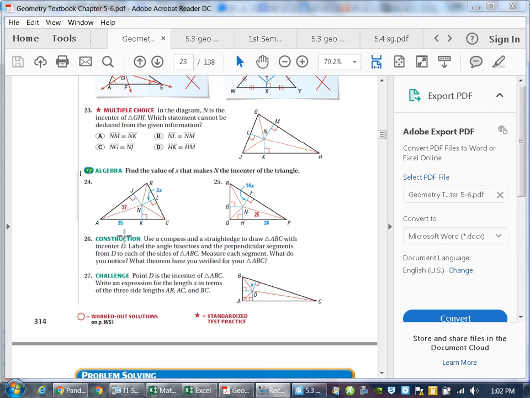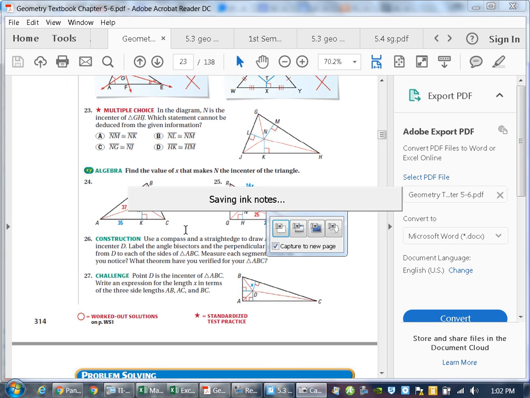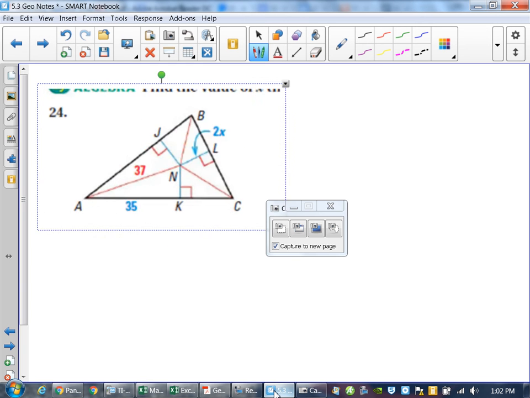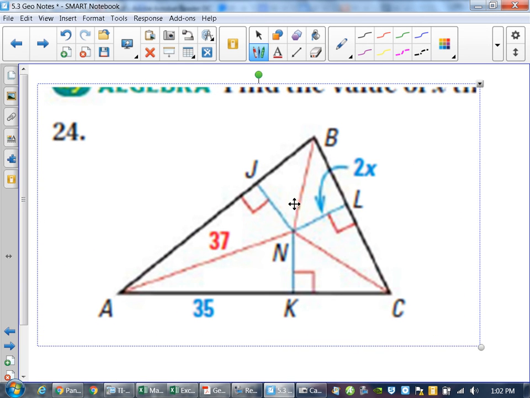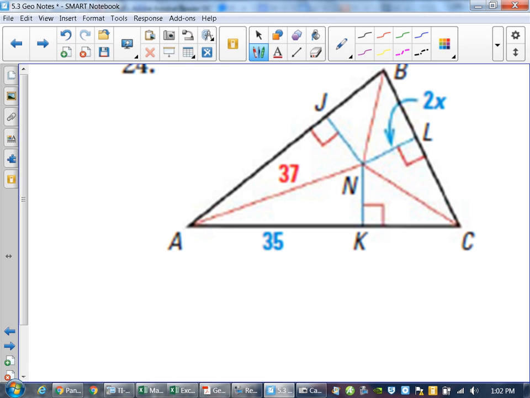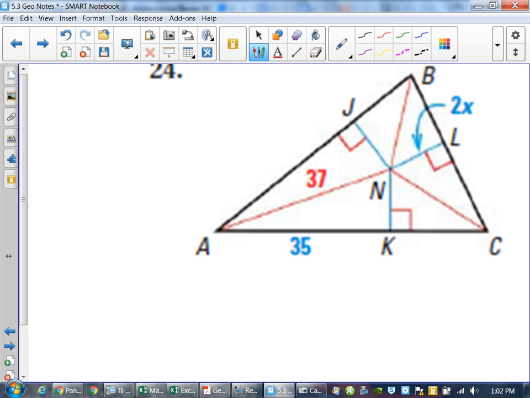One of the things that does happen is this. Now, I don't want you to completely draw this out, and I want to just kind of redraw just the right triangle that we're going to work with here. If N is the incenter, is everybody okay with saying that all the blue segments in there are the same? Because that's all from the point to side, that's all the perpendicular parts.